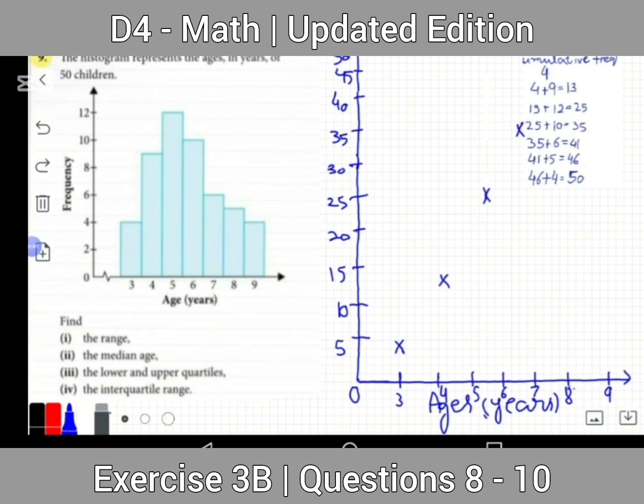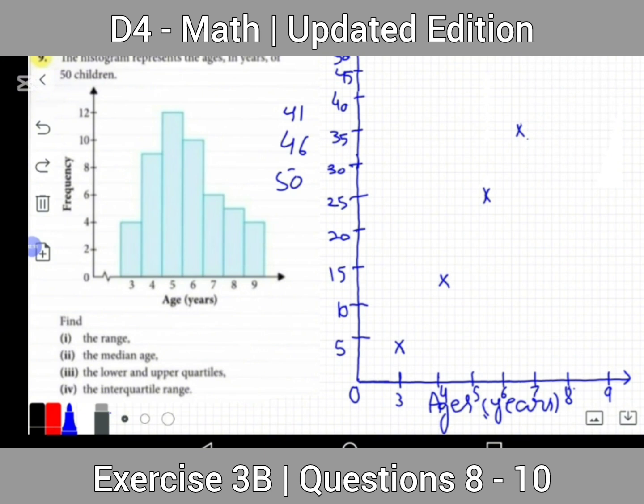For the class interval 6 to 7 we will write down the values here. Here we have 41, 46, and 50. So for the class interval 6 to 7 we have the cumulative frequency of 41, and it will be roughly about here.